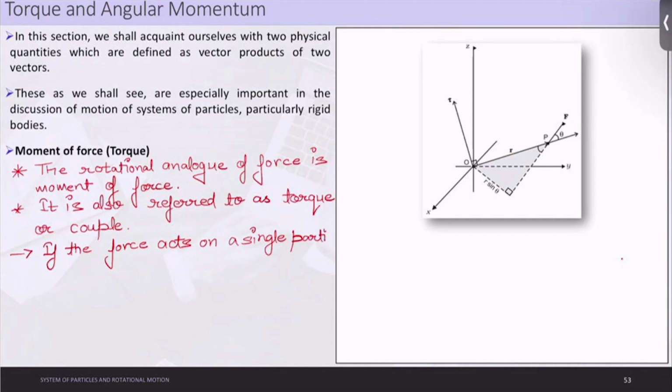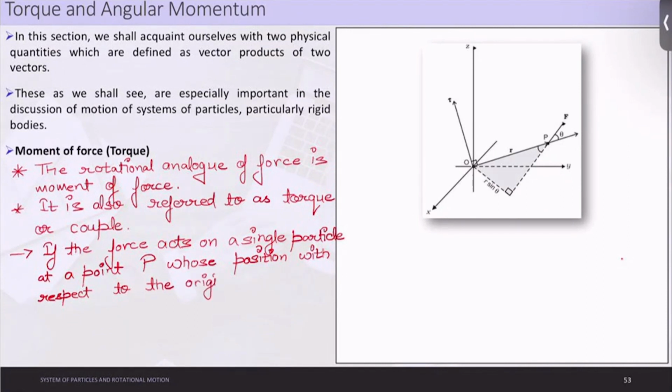If the force acts on a single particle at a point P, whose position with respect to the origin O is given by the position vector R, then the moment of force, that is, torque, which is also called the moment of force.